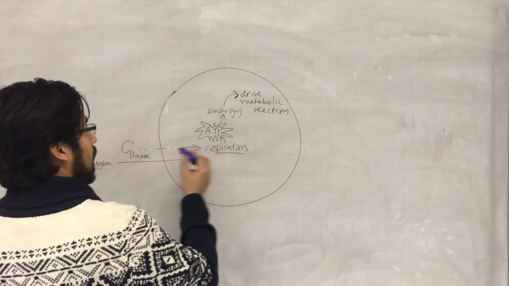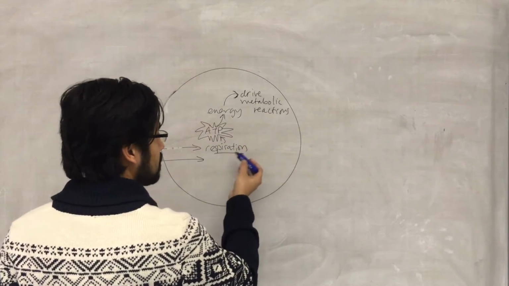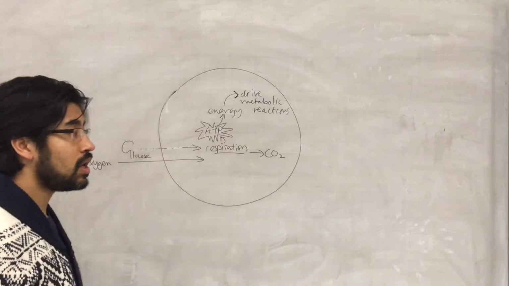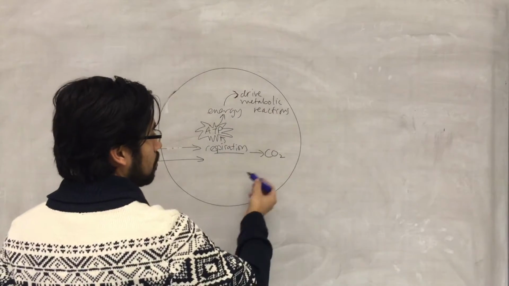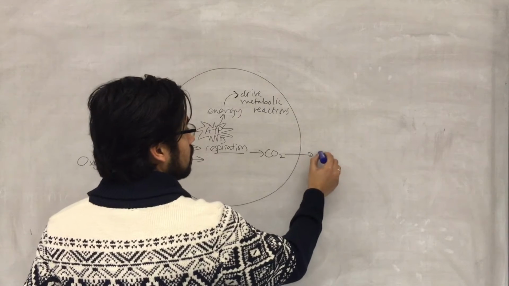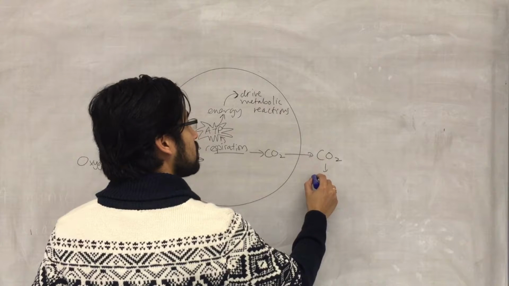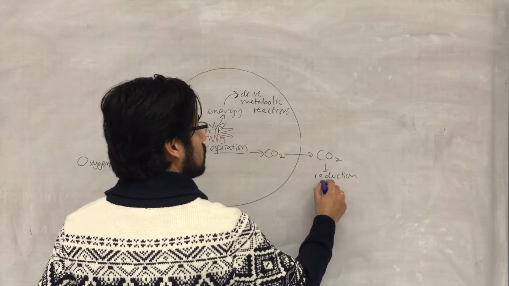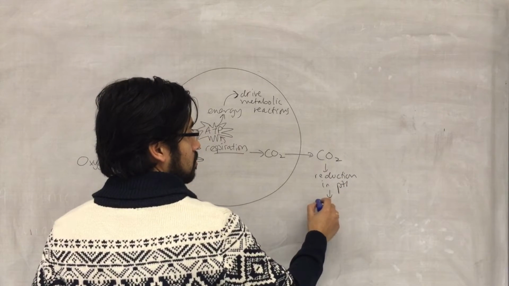Problem is that in this process we also produce a significant waste product, carbon dioxide. And if carbon dioxide concentrations are allowed to build up in and around the cell, it's going to lead to a reduction in pH. So CO2 causes a reduction in pH, and that's eventually going to affect proteins.